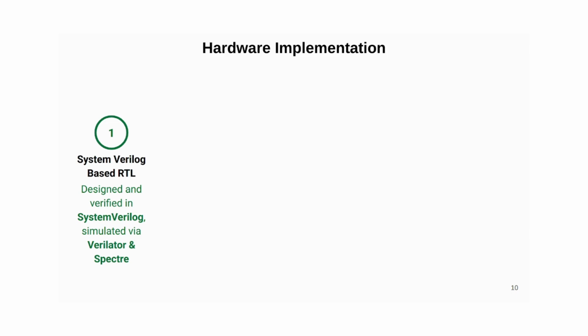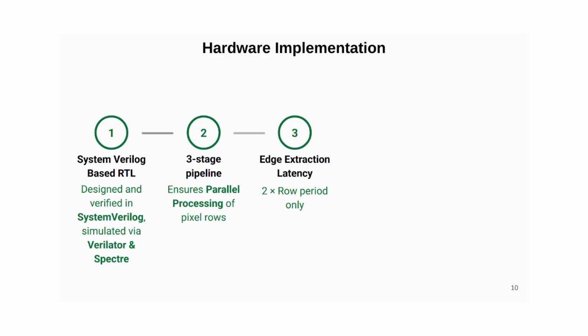The entire pipeline and edge detection hardware was coded in SystemVerilog and simulated using Verilator and Spectre. The design's sensor array is connected to the pipeline through a common row line. The pipeline ensures that the pixel rows can be processed in the edge detection hardware with complete parallelization.